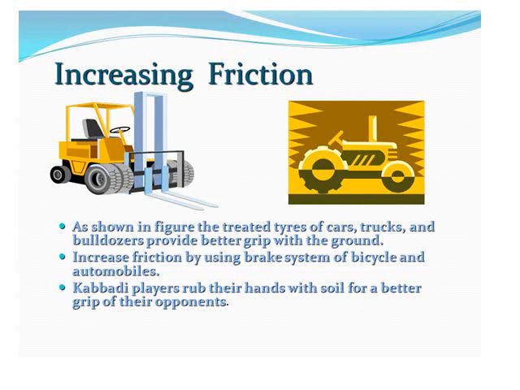And the braking system is increased by increasing the threaded brakes on the surface of the running parts. Similarly, kabaddi players start their game by rubbing their hands with sand to have a better grip on the opponents. So in these three cases, friction is being increased.